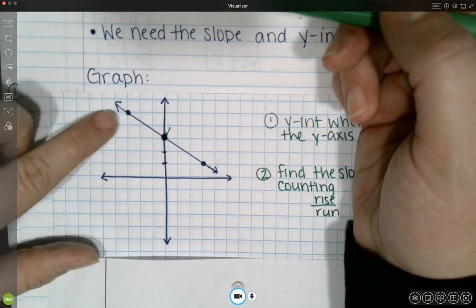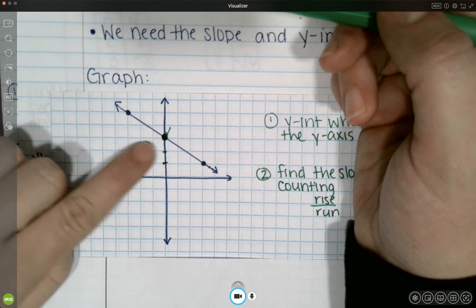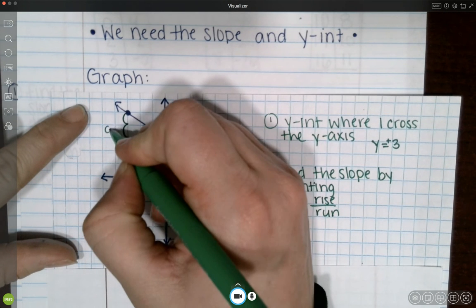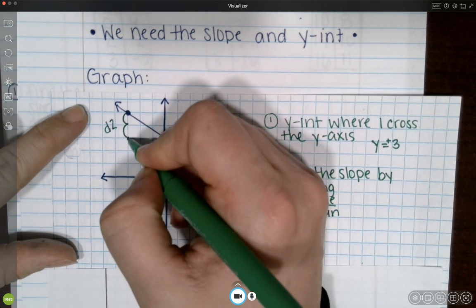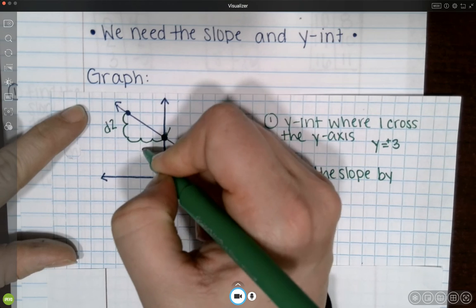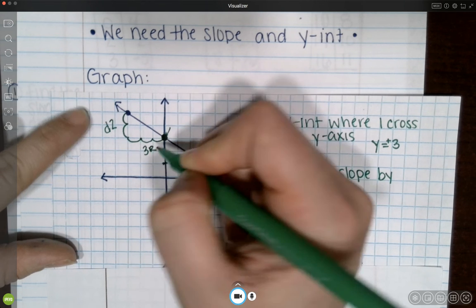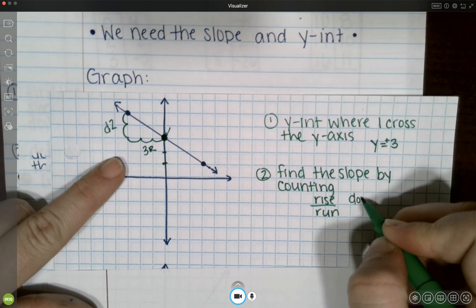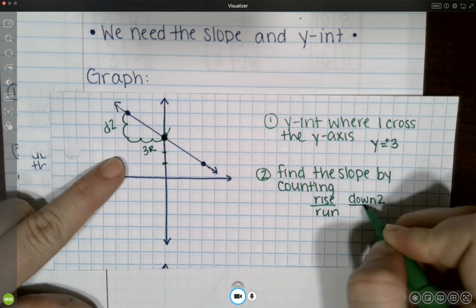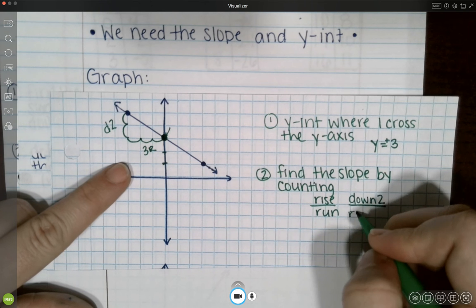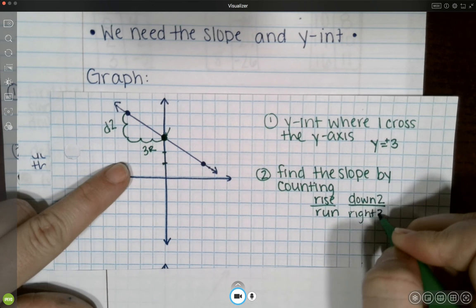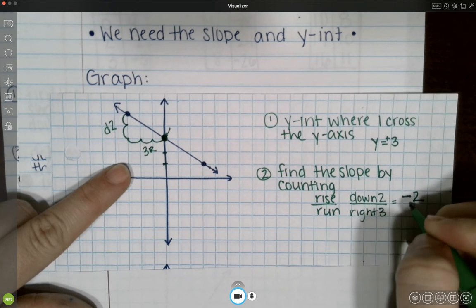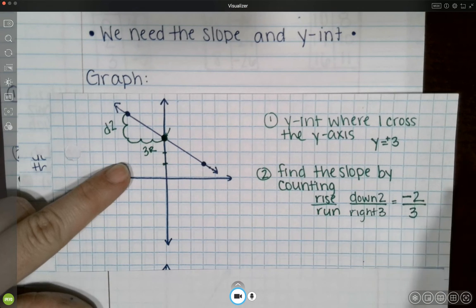I need to figure out how to get from one point to the next. I am going to go down 2 and right 3. Rise is my up and down, so we went down 2, and we went right 3.